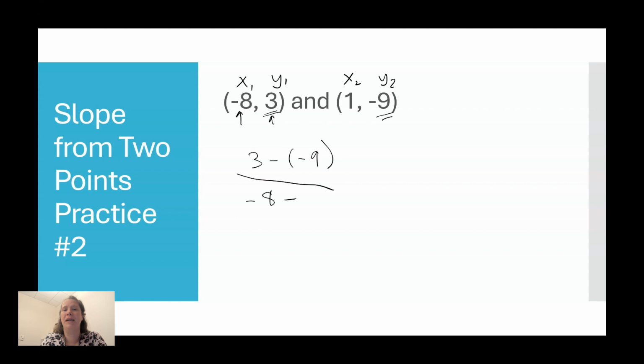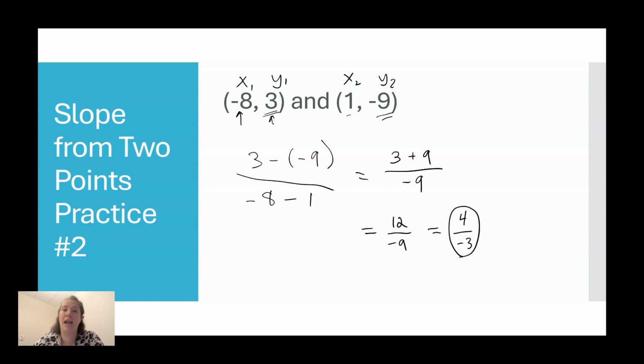Negative 8 minus 1. All right, 3 minus negative 9 turns into 3 plus 9. And negative 8 minus 1 turns into negative 9. Let's go ahead and add that top. 12 over negative 9. And now I can divide out 3 to make this 4 over negative 3.